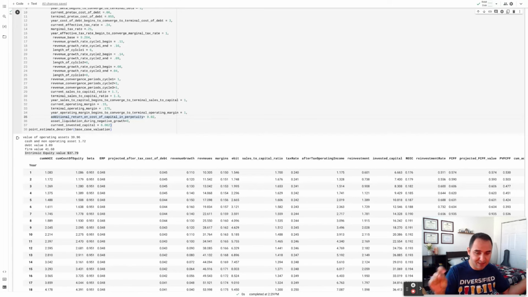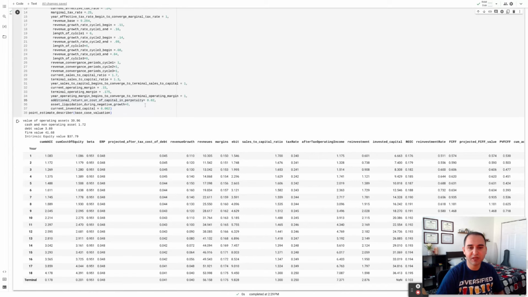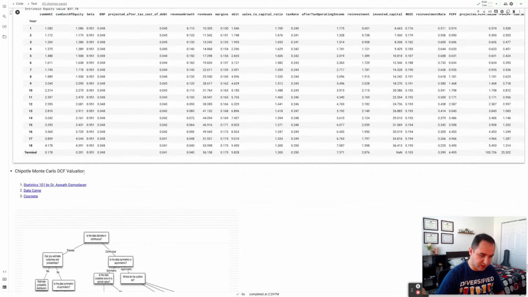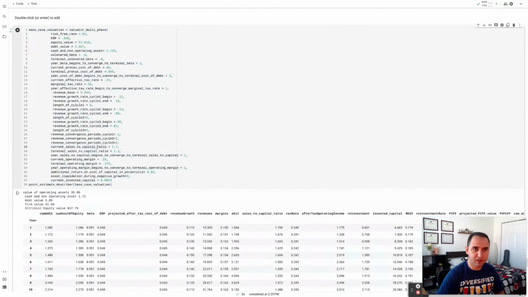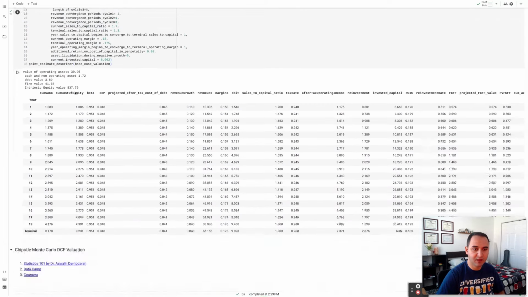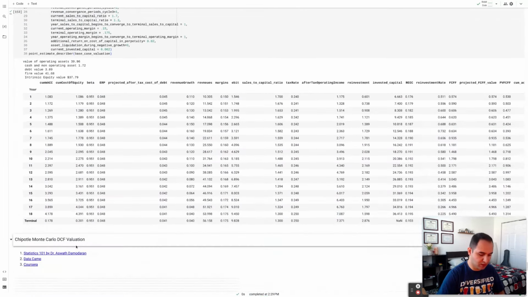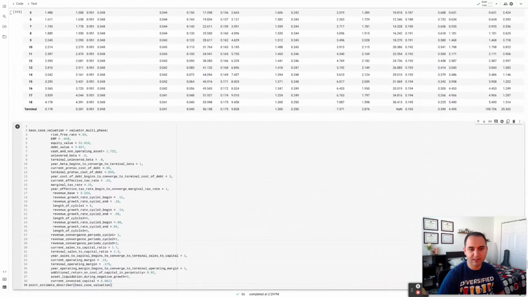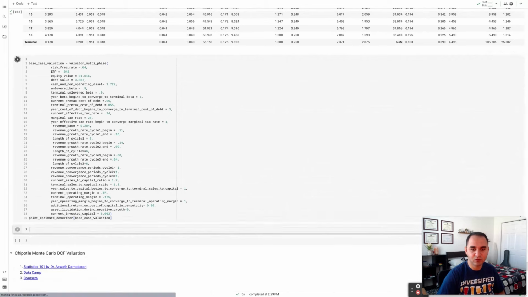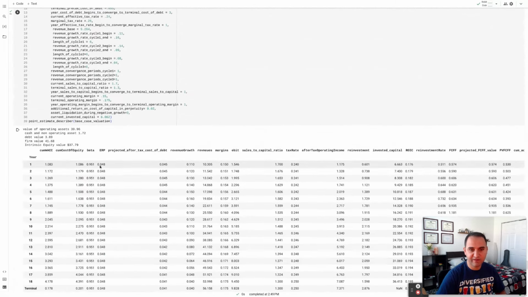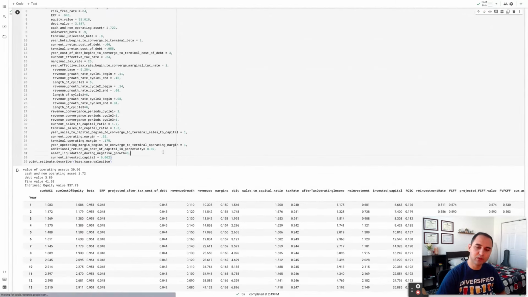So let's say, what if they earn 3% instead of 2% above their cost of capital in perpetuity? Let me do the calculation here. Instead of 2%, which gave us 37, we're going to do 3% in perpetuity.